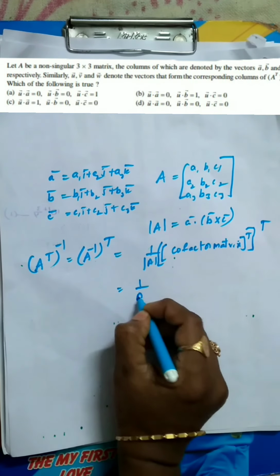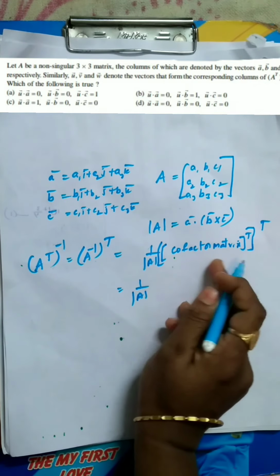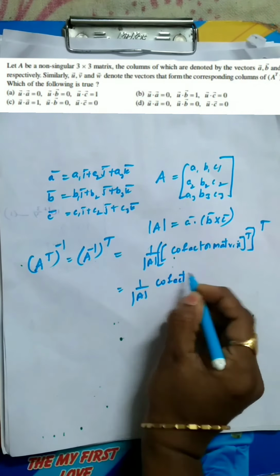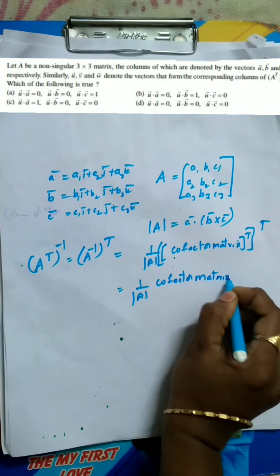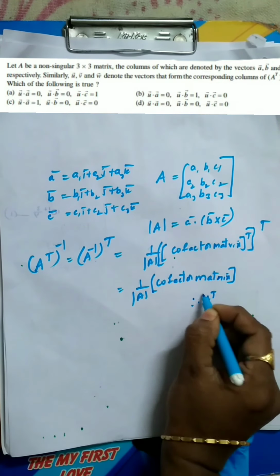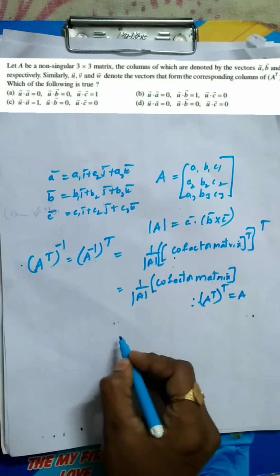That is 1 by det A into cofactor matrix transpose whole transpose, which means it's again the cofactor matrix, since A transpose whole transpose is equal to A.